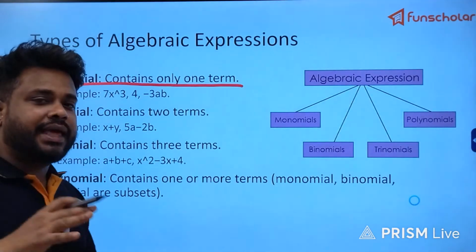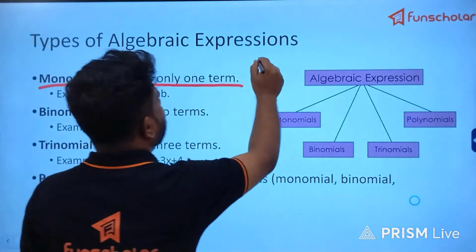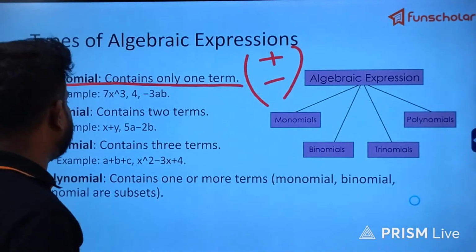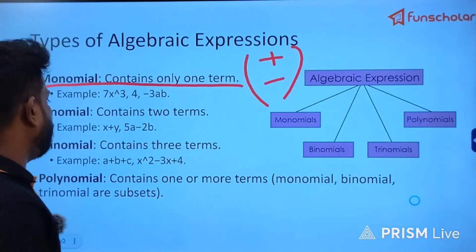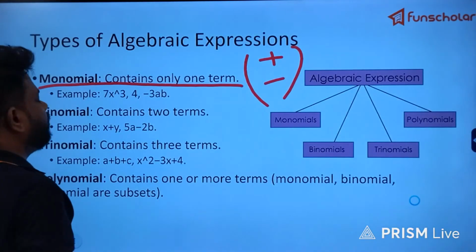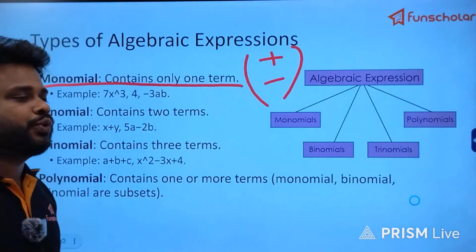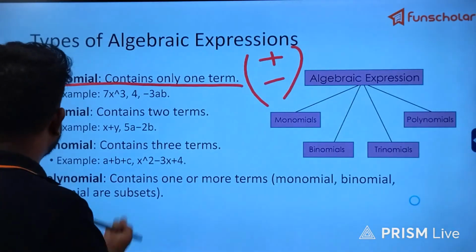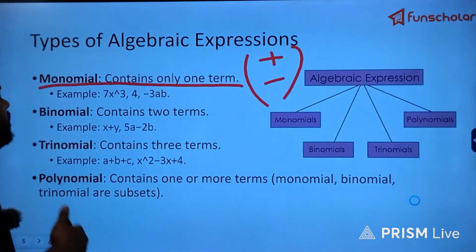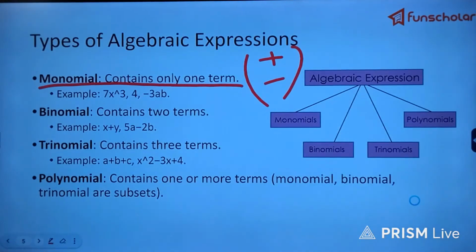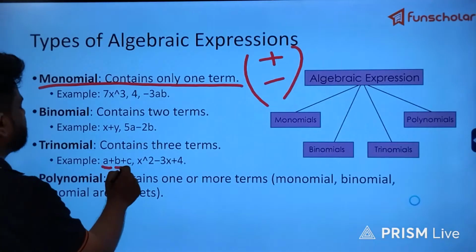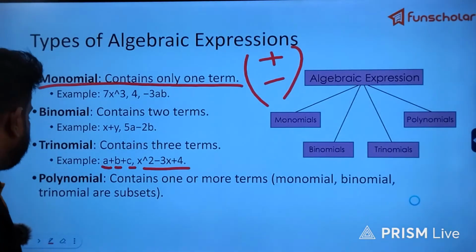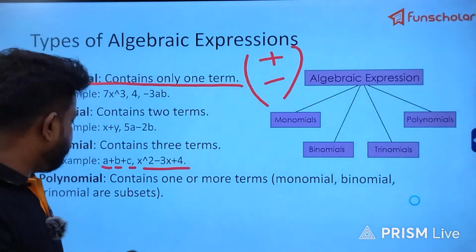It doesn't have any other term joining with them with a plus or minus symbol, so they will be termed as the monomial. And then comes the binomial. The binomials are the two terms when joined by plus or minus. And then comes the trinomial, which contains three terms, that means a plus b plus c and x square minus 3x plus 4.